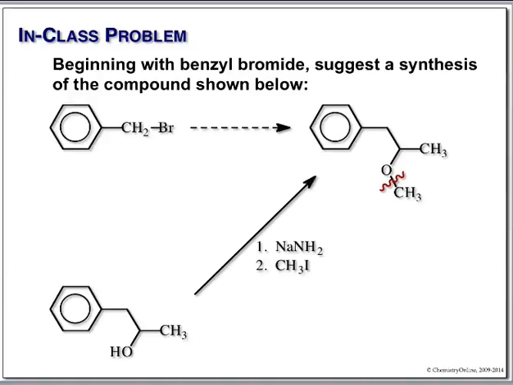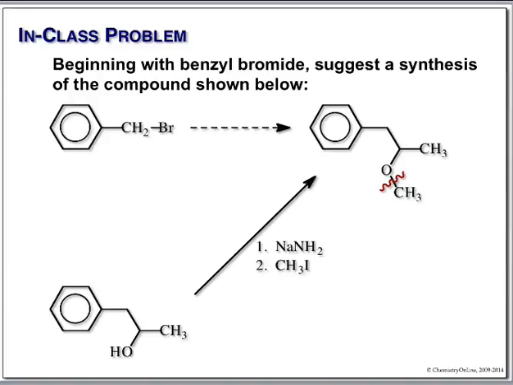All right, now our new problem is this one. We have to make this alcohol starting from benzyl bromide. So we say to ourselves, it's an alcohol. It's a secondary alcohol, isn't it?